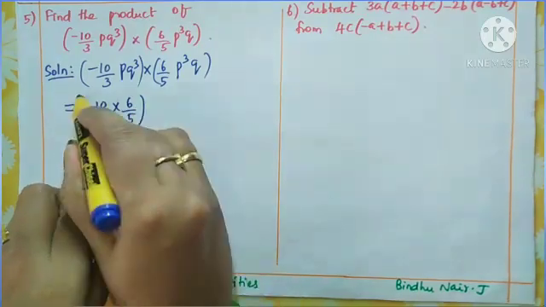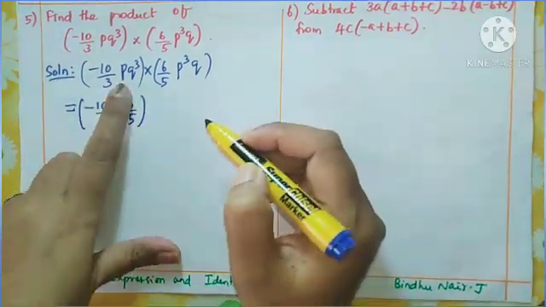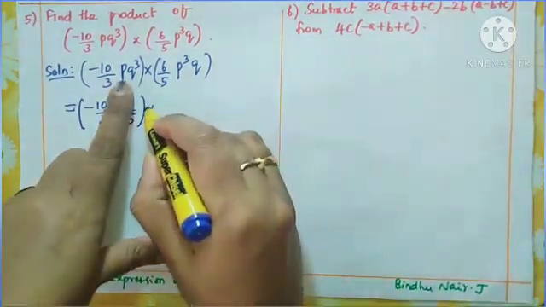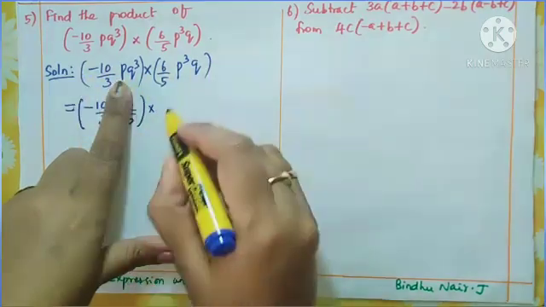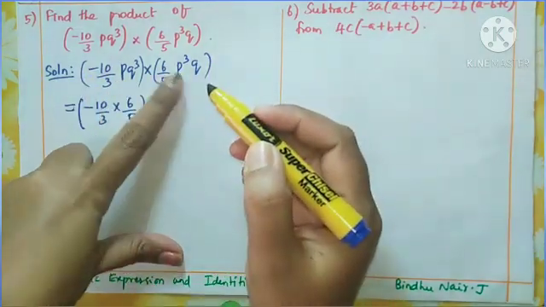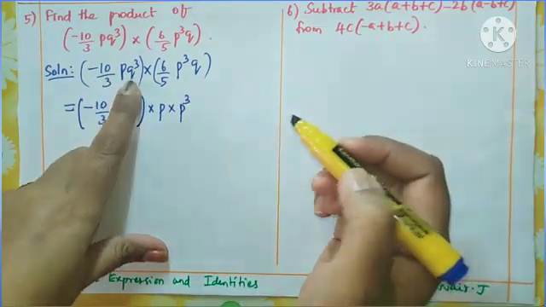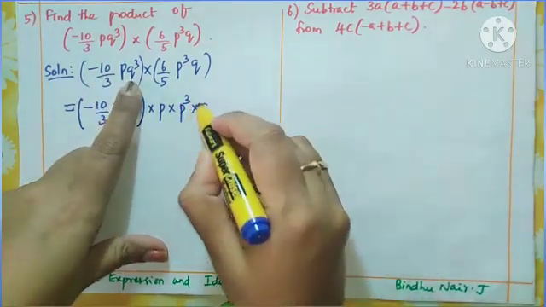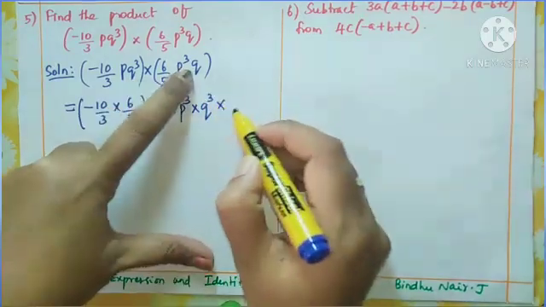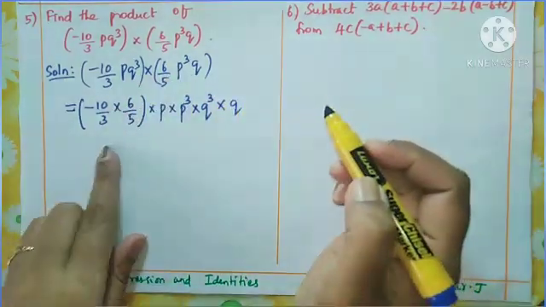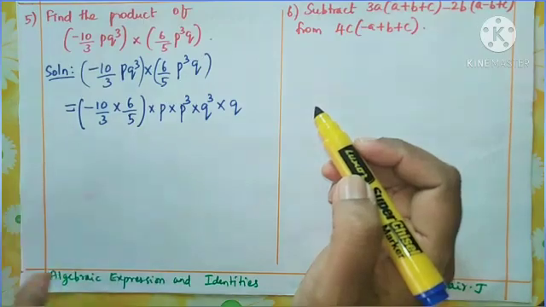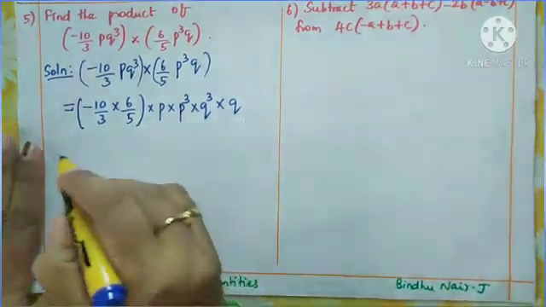So this we need to multiply first. Then you have p, here p. So into p, and here there is p³. Okay, now take the q, here q³ and here q. Okay, so we wrote all the terms now.